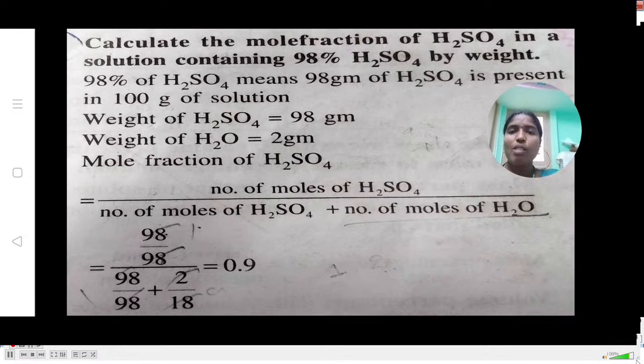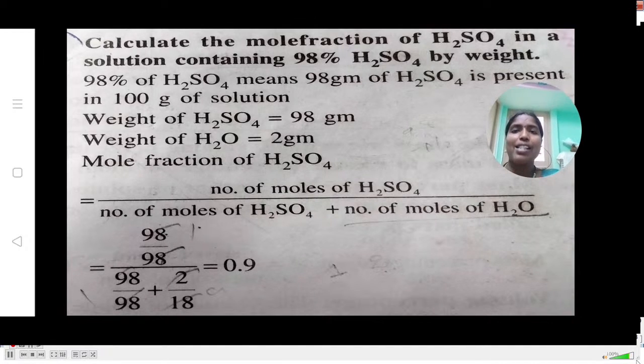Let us see how to write the data. 98% of sulfuric acid means 98 grams of sulfuric acid is present in 100 grams of the solution.